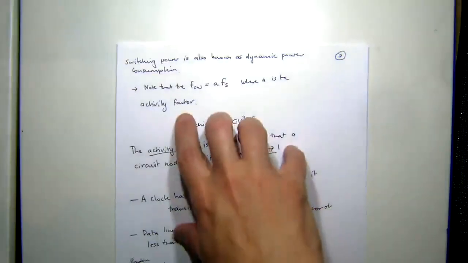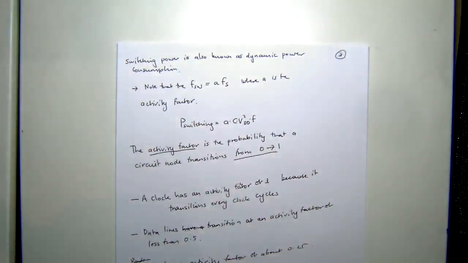So what we're going to do now is define this concept of activity factor, which is that certain elements change all the time, like a clock. It changes every cycle. It goes from 0 to 1 and back to 0. But there are other circuits which don't really do anything.